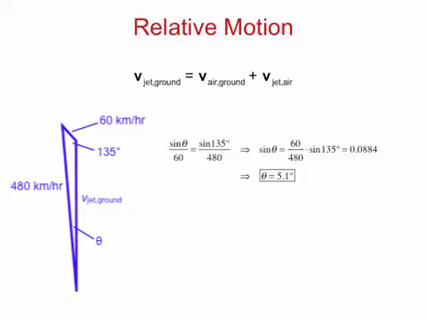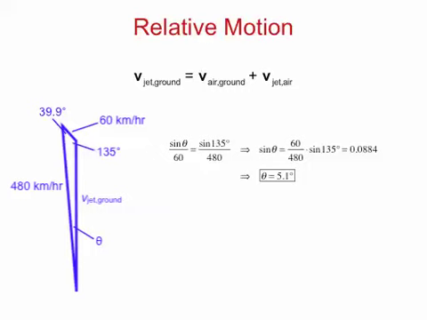Solving for theta gives theta equals 5.1 degrees. Now that we know theta, we can use it to find the third angle of the triangle. The sum of the angles in a triangle is 180 degrees, so the third angle is 180 degrees minus 135 degrees minus 5.1 degrees, or 39.9 degrees.